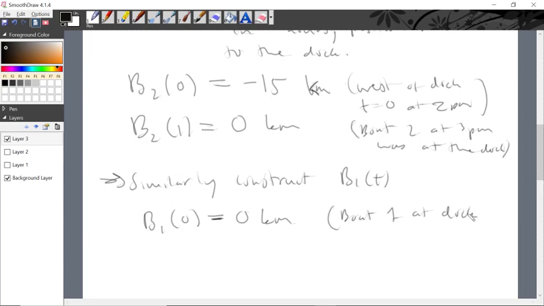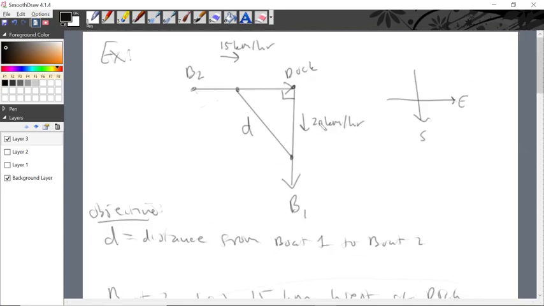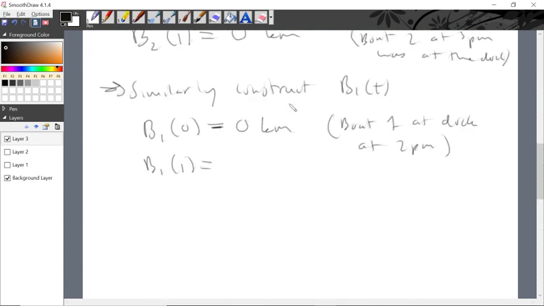And B1 of 1, this boat is traveling at 20 kilometers per hour south, so after 1 hour, it has gone 20 kilometers. So B1 of 1 would be position negative 20 kilometers. So I'm reading that as boat 1 at 3 p.m. is 20 kilometers south of the dock.